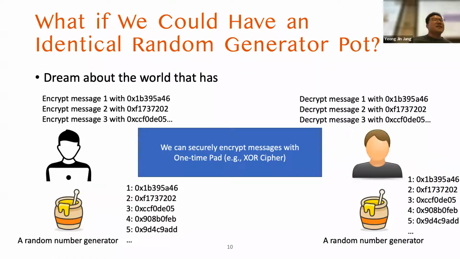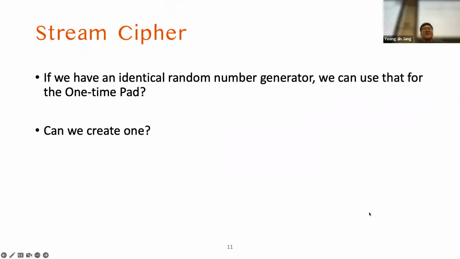So cryptographers in the early days tried to design this kind of shareable random number generator. That's the so-called stream cipher. The thinking started because Shannon proved that the XOR cipher, the one-time pad, is perfectly secure, in the 1940s or 1950s or so.